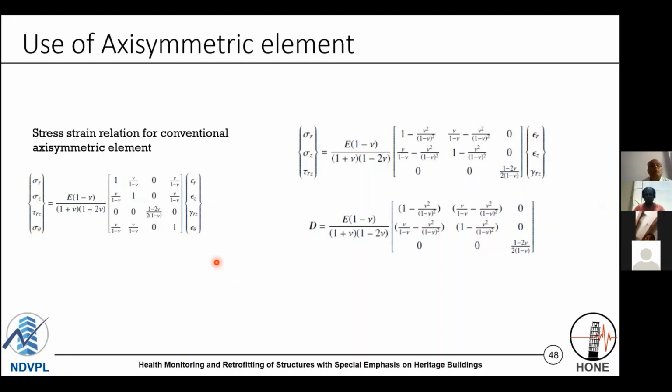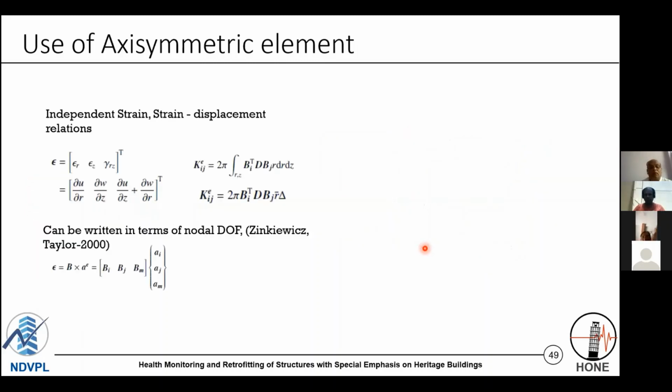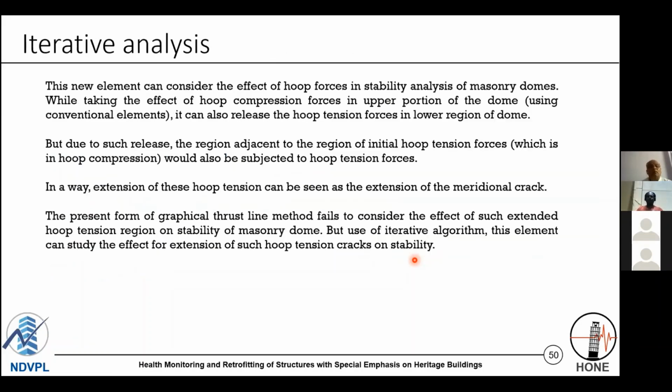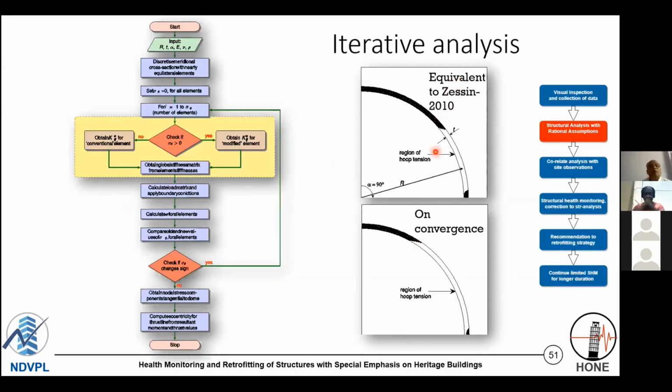This we set to 0, and we developed new constitutive relations for the material. That constitutive relation we have used for the analysis of masonry dome using the iterative method. In the first iteration, wherever the hoop tension region appears, we change it to the new element developed by Nandadeep and put it into another analysis iteration.